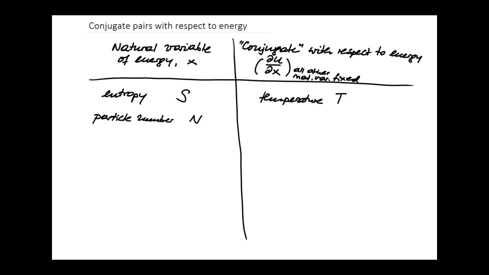What is the meaning of that coefficient? This coefficient physically means by which amount of energy you change the internal energy of your system when you add one particle. Now this energy that is associated with adding one particle is known as the chemical potential. And it is denoted by the Greek letter mu.